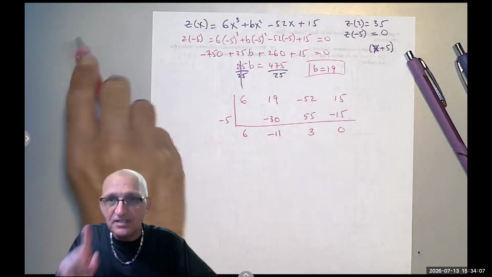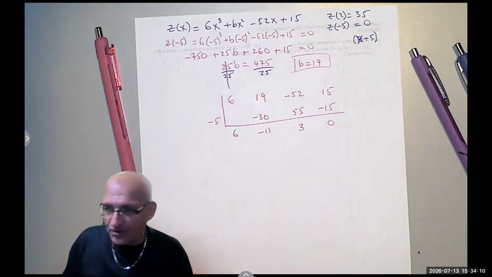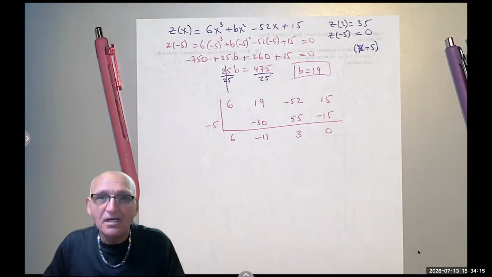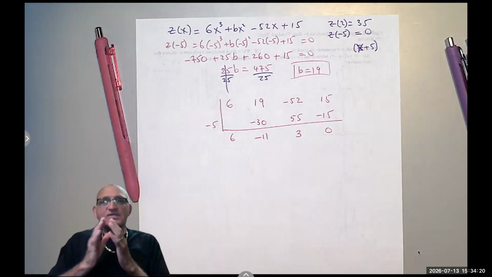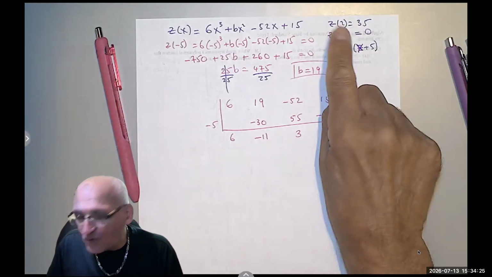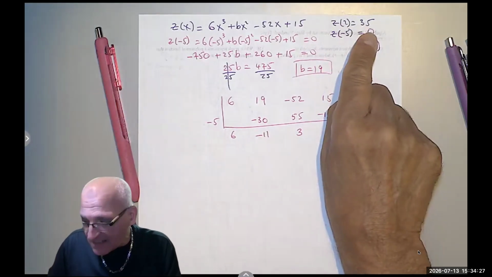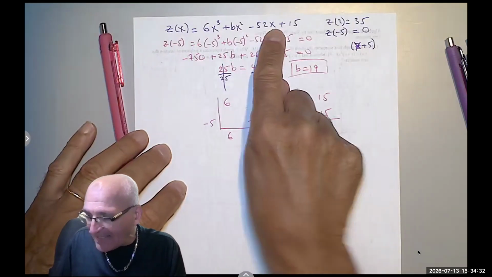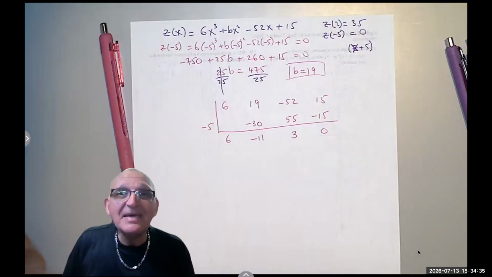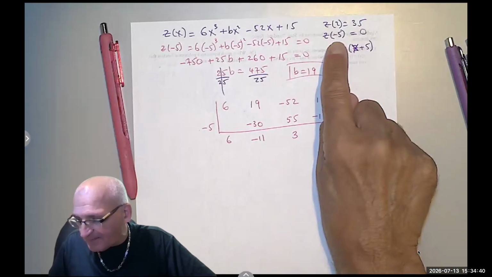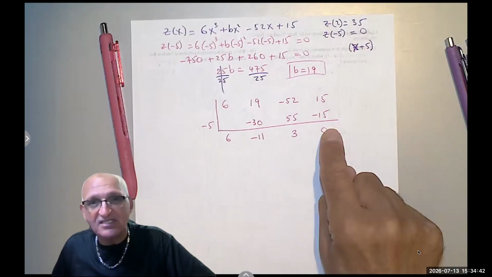But before I continue, there was something that I wanted to tell you. Sorry, I don't want to jump and bounce back and forth, but I wanted to show you that here we can find something interesting. When I say z of 2 equals 35, it means if I divide this z of x function by x minus 2, my remainder would be 35. Because when I divided by x plus 5, my remainder was 0.